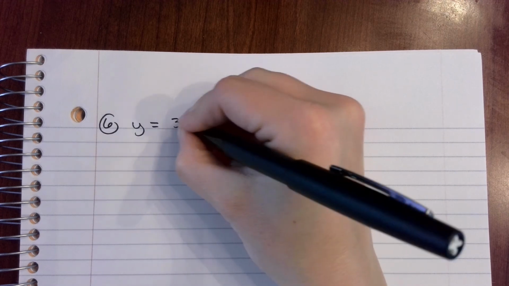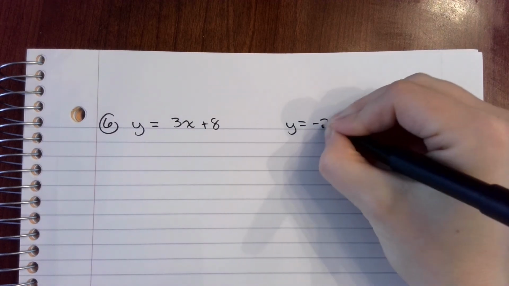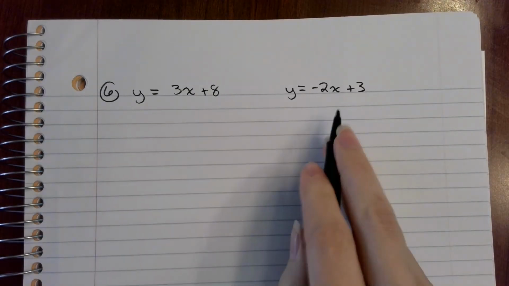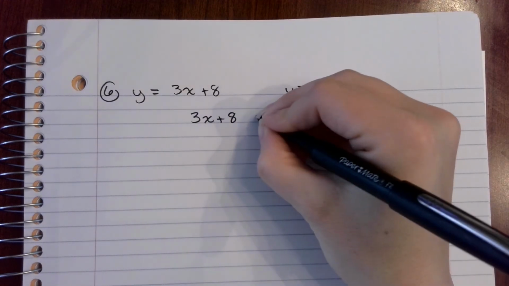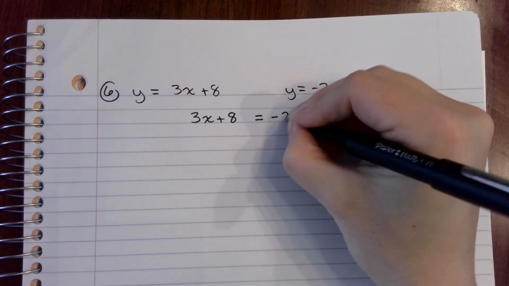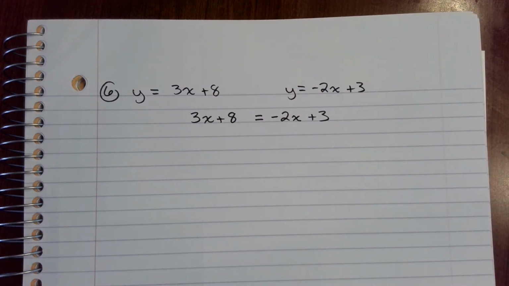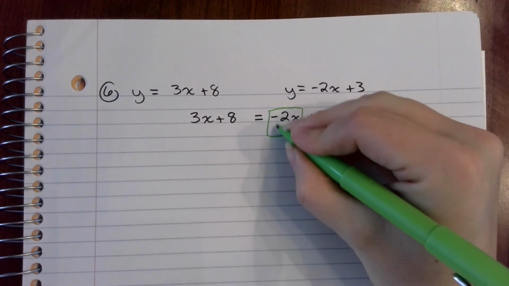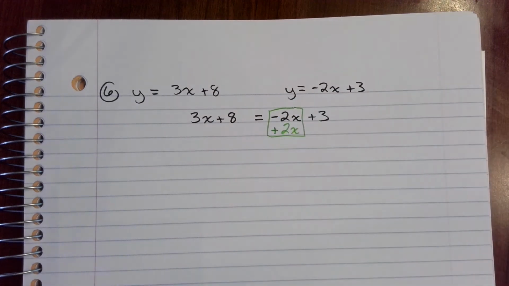Y is equal to 3x plus 8. And y is equal to negative 2x plus 3. Again, since they're both in slope-intercept form, we're just going to set them equal to each other. 3x plus 8 is equal to negative 2x plus 3. Move our smaller x value, which happens to be that negative 2x. In order to move it, the opposite of that negative is going to be a plus. In addition, inverse operations.